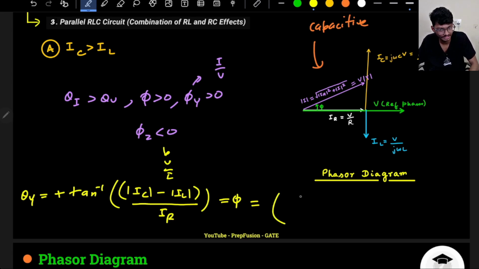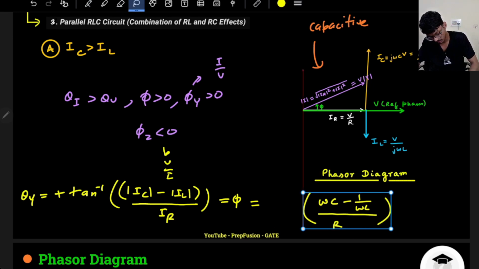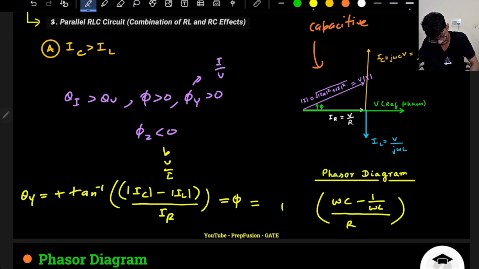I can further derive this. IC is V by XC, that is omega C. I'm just talking about magnitude. So it will be omega C minus 1 by omega L, divided by V by R. I'm not showing you the simplification. I'm just converting everything to V by Z, V by XC, V by XL and cancelling out the terms. So ultimately this will be tan inverse of this.